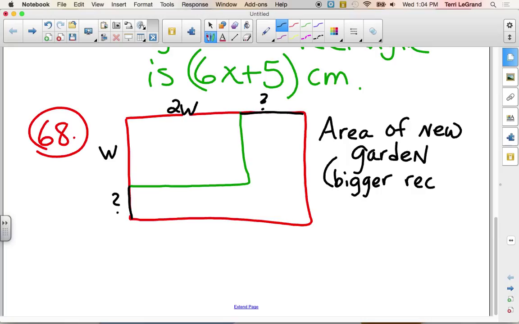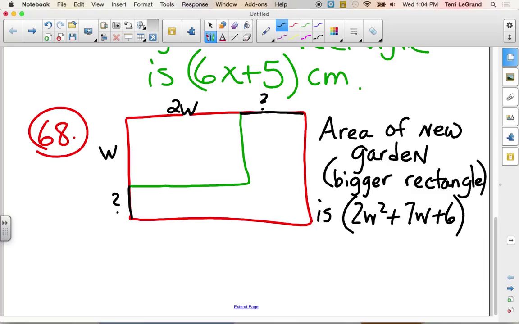The more we can put in our notes, because we don't have the book open when we're looking at these. The area of the new garden, the bigger rectangle, is what? W squared plus 7W plus 6. And the label? Square yard. So I'm going to shortcut that and make it yards squared. Okay?